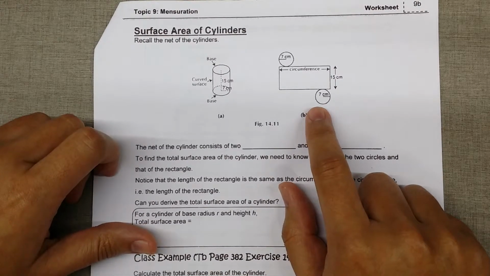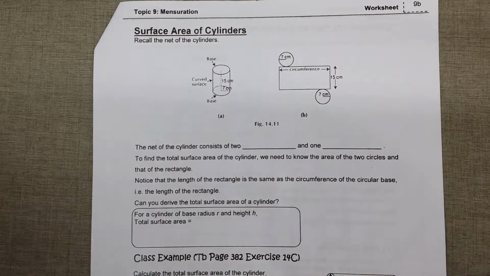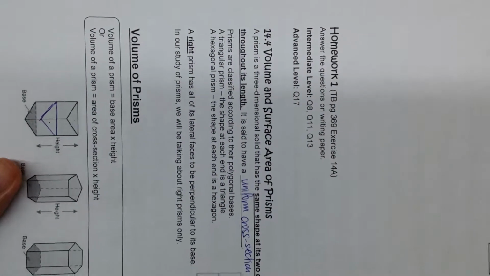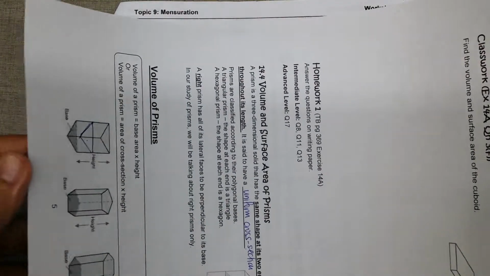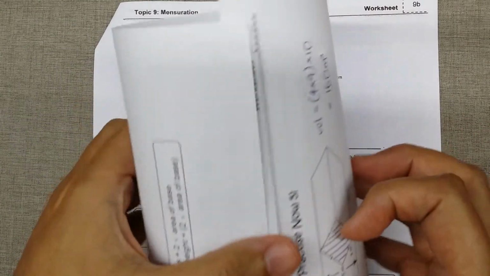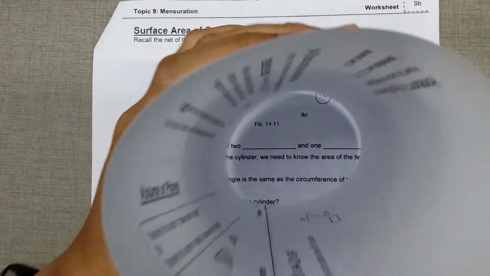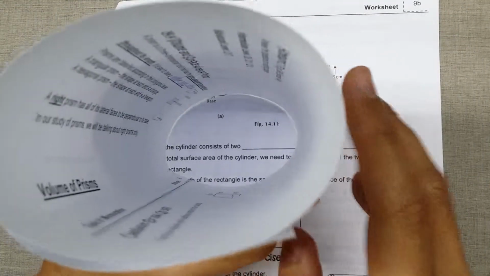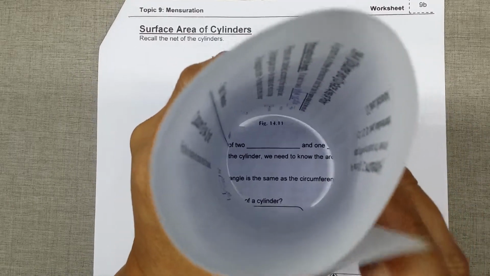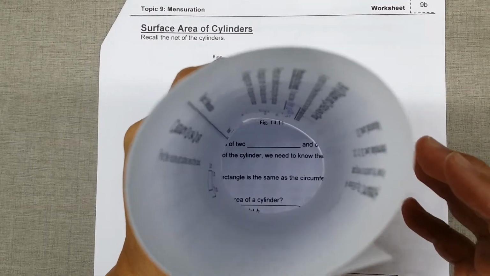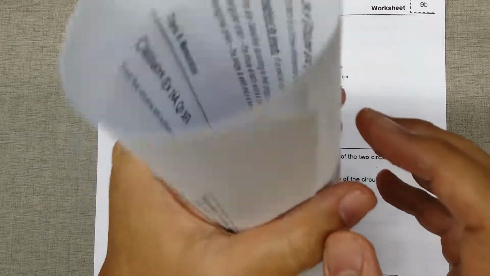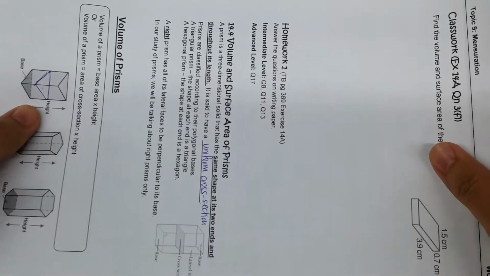Just take out a piece of paper, any piece of paper. Take for example, I have this. This is a rectangle. I roll it up. What do I get? I get a cylinder, am I right? So when I open it up, it is a rectangle.